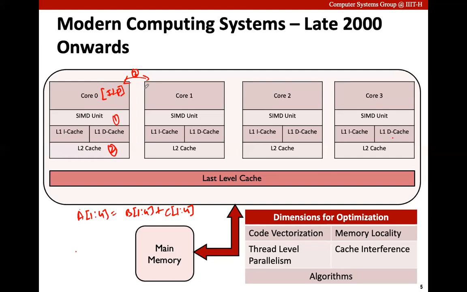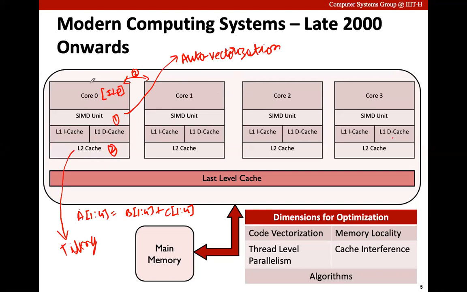So in order to use caches, for example, tiling is one optimization that we use. And in order to use SIMD, we have something called auto vectorization. Either you vectorize manually or use compiler assisted auto vectorization.